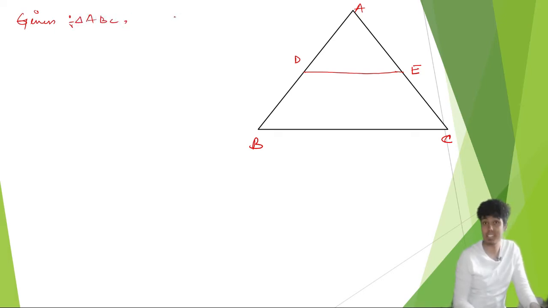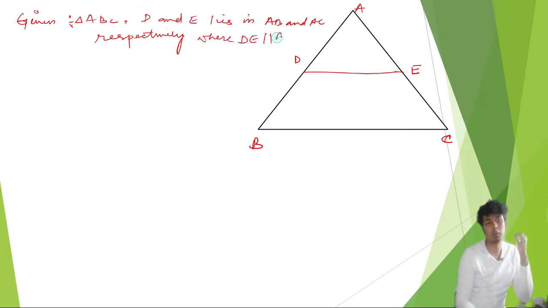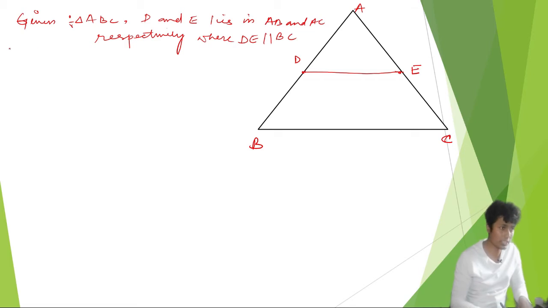Another given: D and E lie on AB and AC respectively, and DE is parallel to BC. All these are given. This much is okay for you.